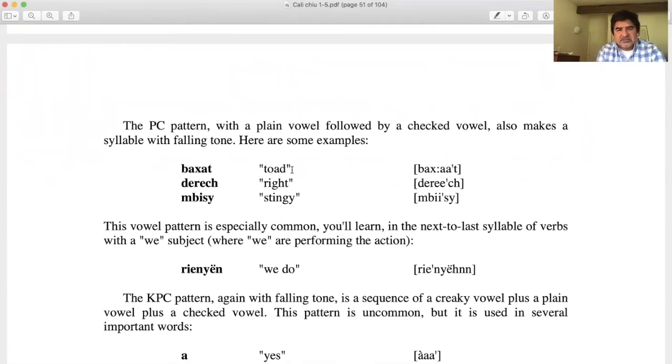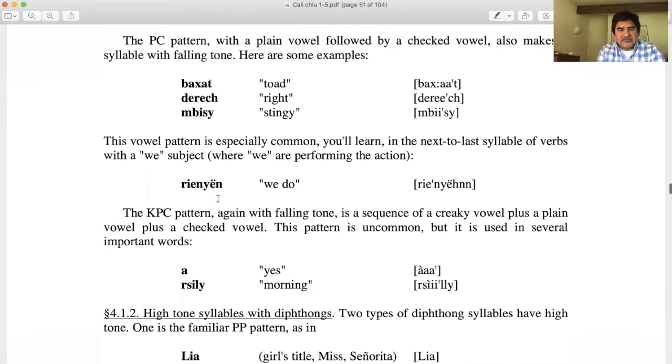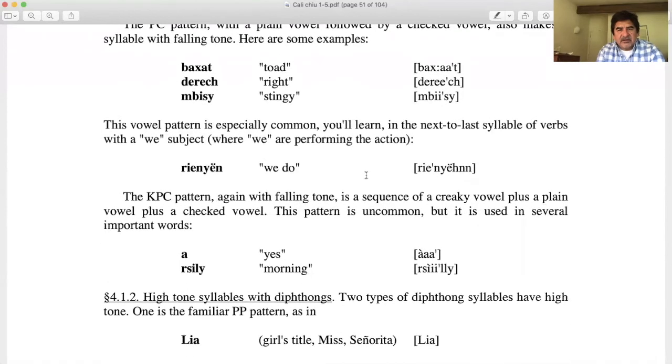So in the meantime, just pay attention, because you're going to hear a little bit of a whistling with the X sound. So bashrat. Okay. Again, this is borrowed from Spanish. Derech. Stingy, bis. All right, some other vowel patterns that we have.